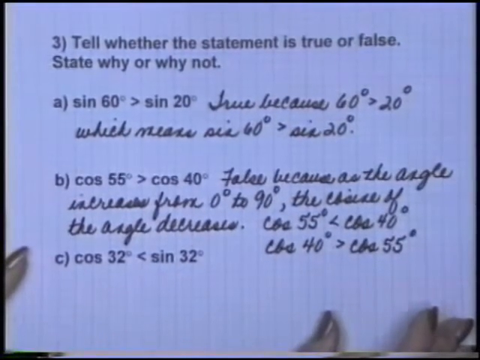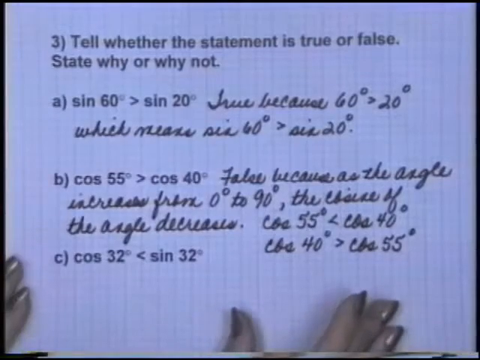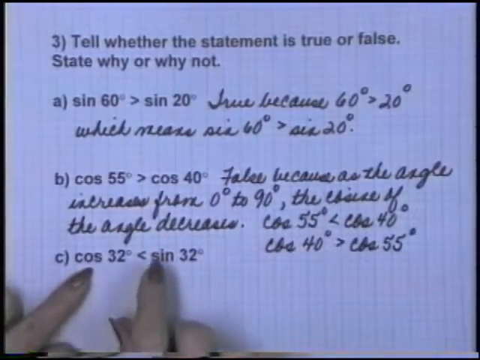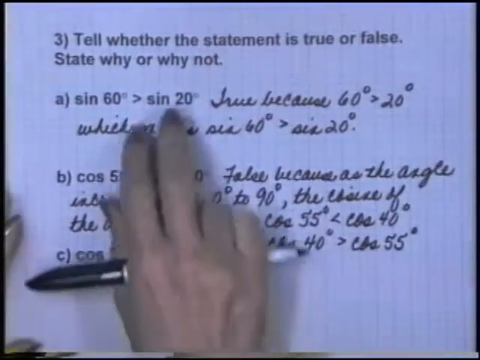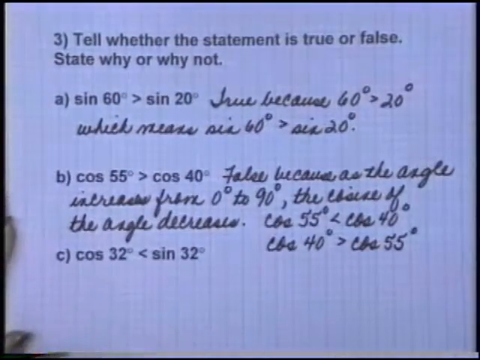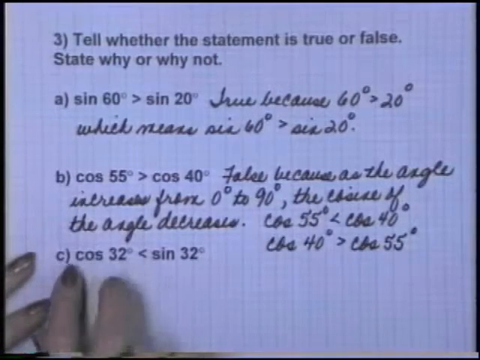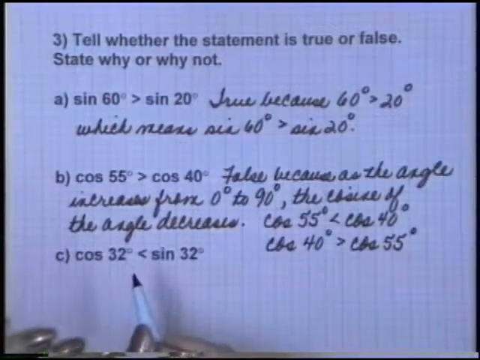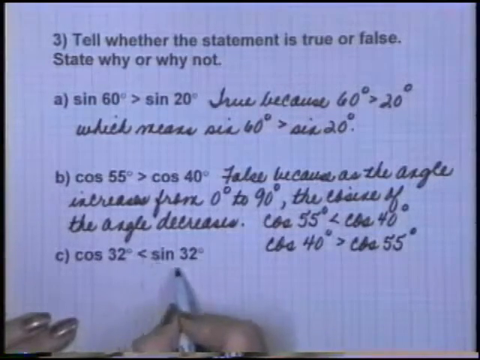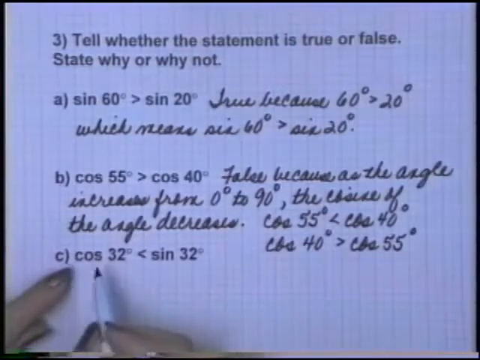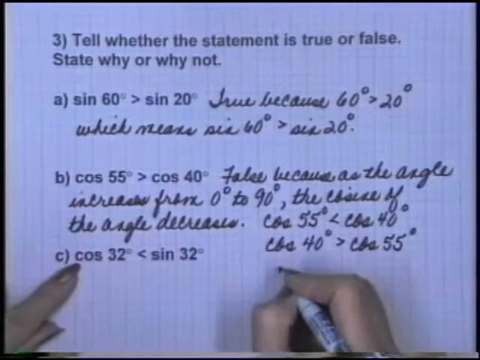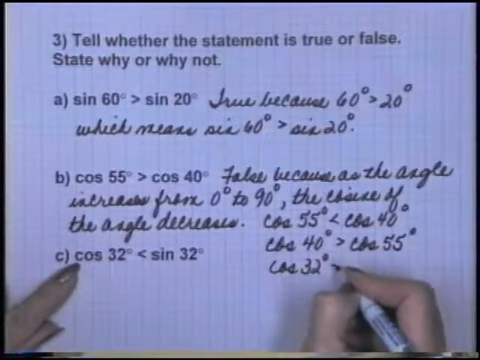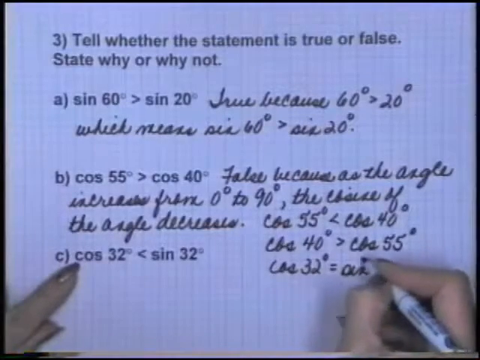Now let's look at the C one. Well, what we need to do on a problem like this is to be comparing either sines to sines or cosines to cosines the way we did in A or B. And so the first thing we'll do with this is to use a cofunction identity to rewrite either the left side or the right side of this inequality. I think I'll choose to rewrite the cosine of 32 degrees.